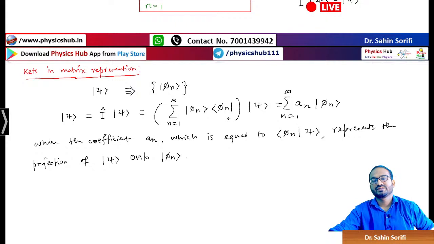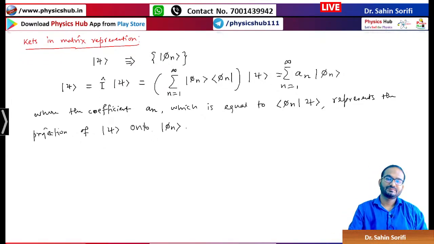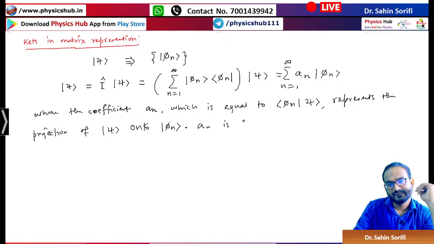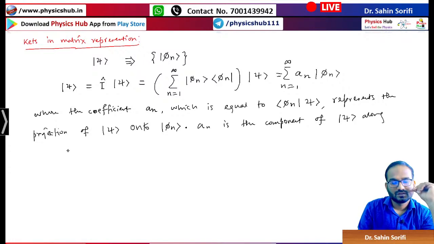Bra operating with ket psi. Yeah, that is one thing. a n is the component of psi along the vector phi n.